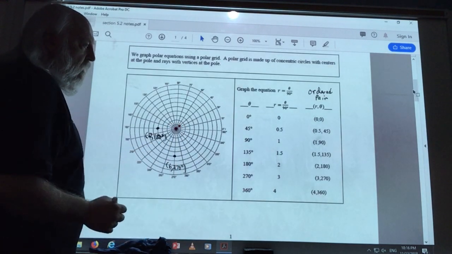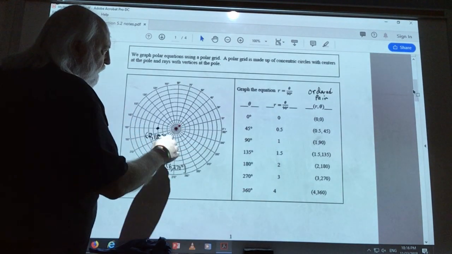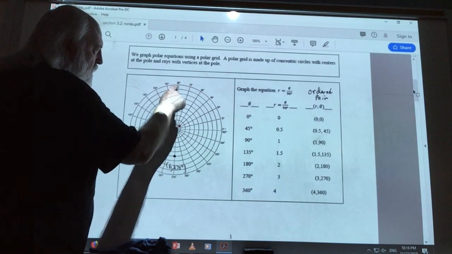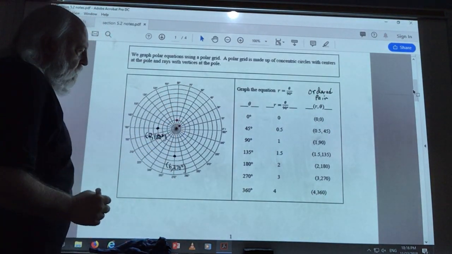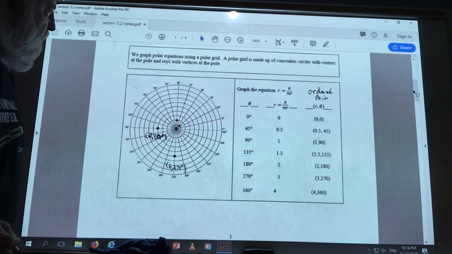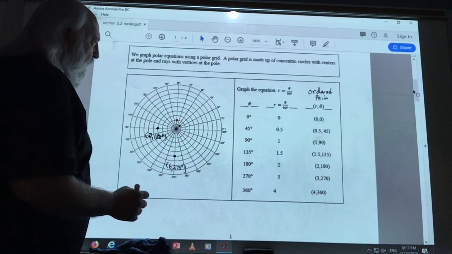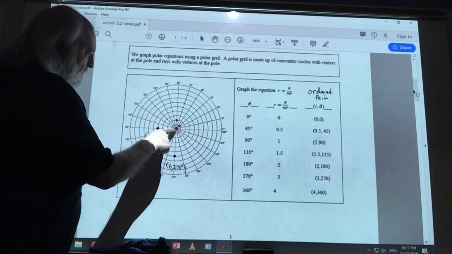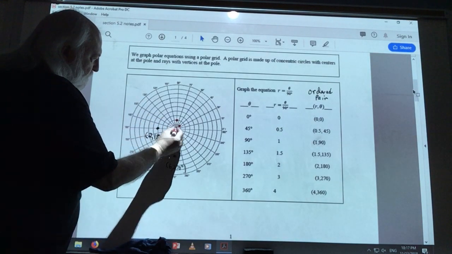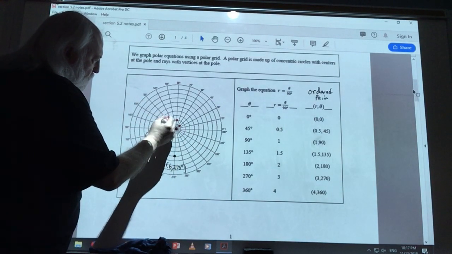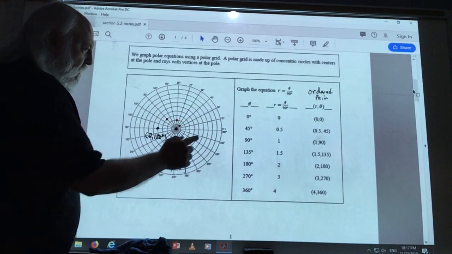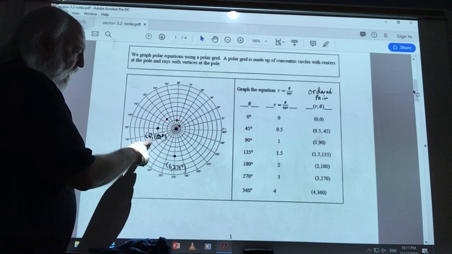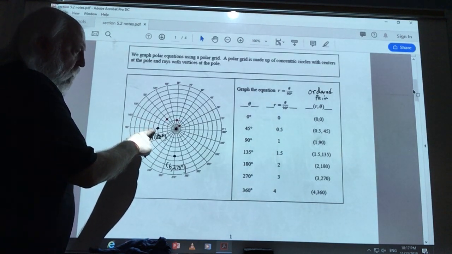The point (1, 90 degrees): I go to the ray labeled 90 degrees and up 2 concentric circles. The point (1.5, 135 degrees): here's the ray 135, and I go out 3 circles. For the point (2, 180 degrees), we plotted it right here.